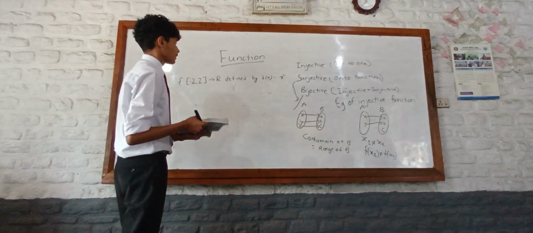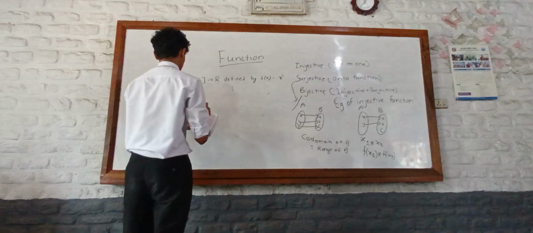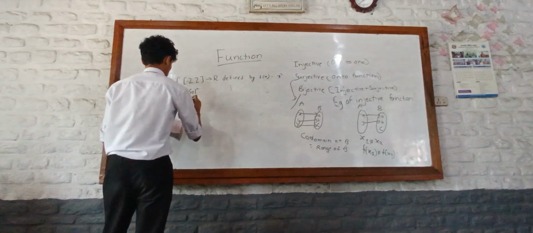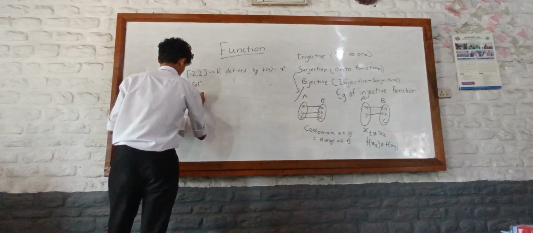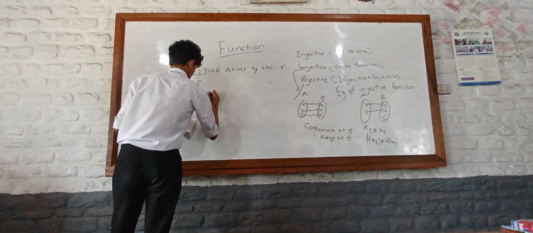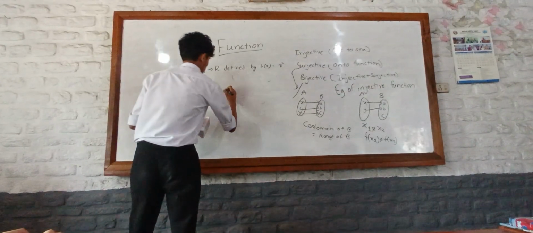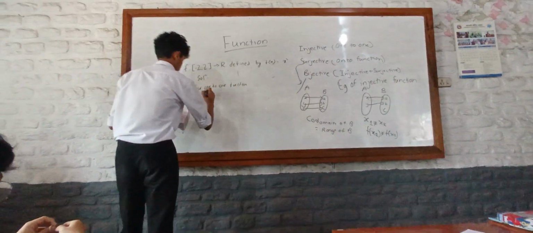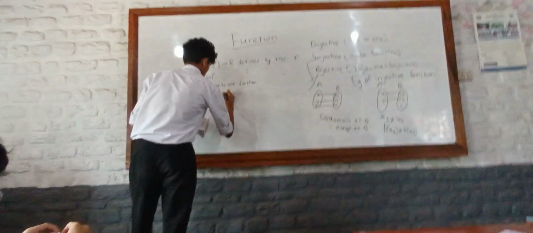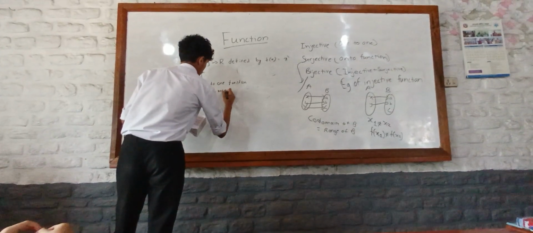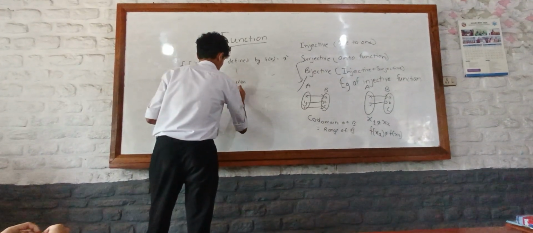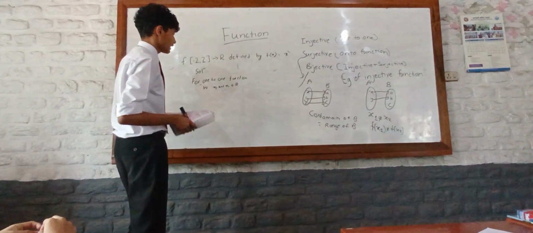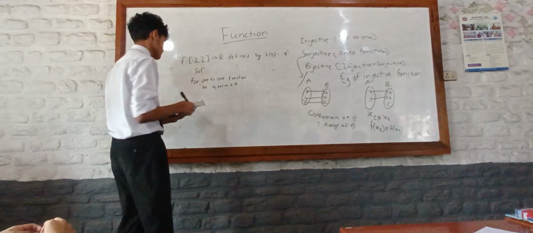For a one-to-one function, we suppose two variables x1 and x2 which belong to real numbers.